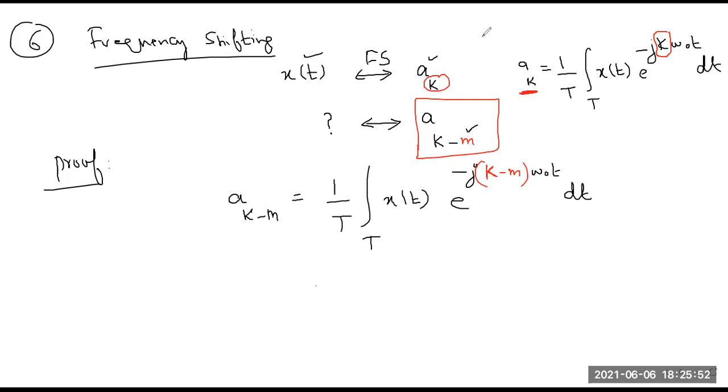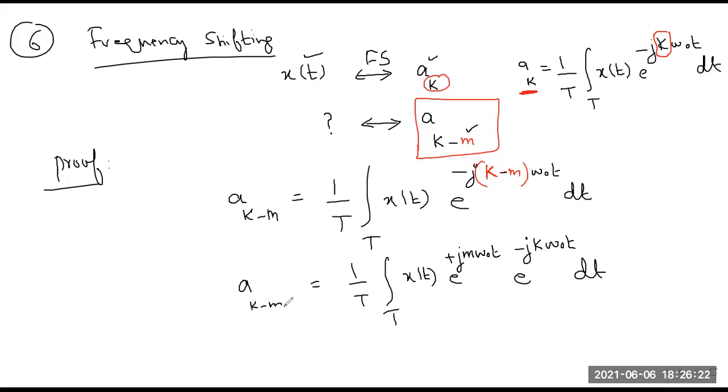Now I can rewrite this equation: 1 over T integration over T of x of t e power plus j m omega naught t and e power minus jk omega naught t, which gives a sub k. Now, if you look at this expression, it is obvious that this is the signal for which the Fourier coefficient is this.